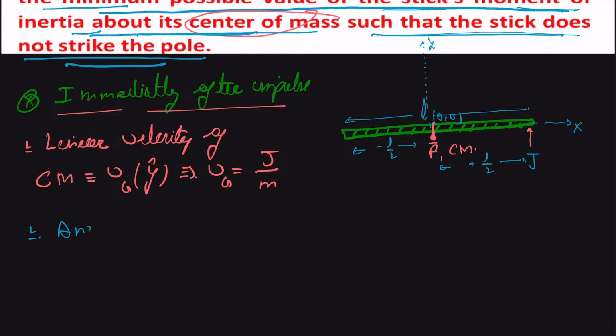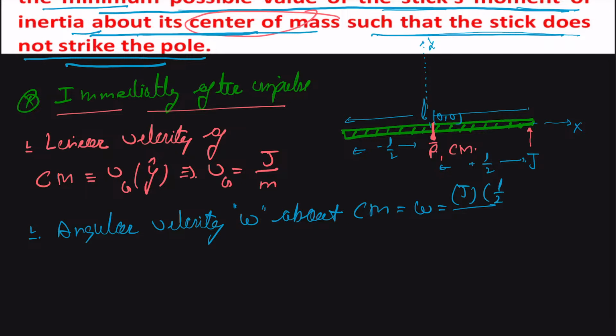Therefore, the angular velocity, say omega about the center of mass, is equal to the impulse J times the lever arm L by 2, divided by the moment of inertia, say I, where I is the moment of inertia about its center of mass.